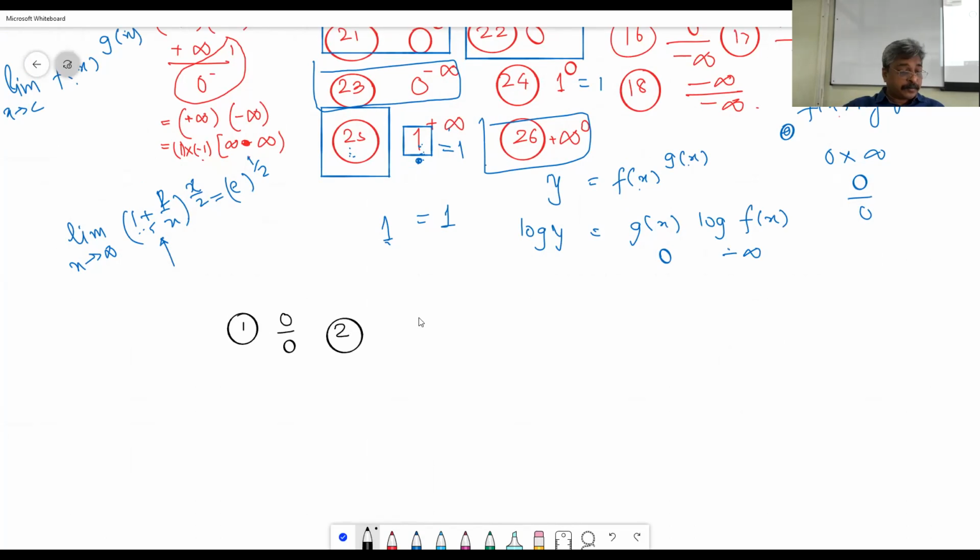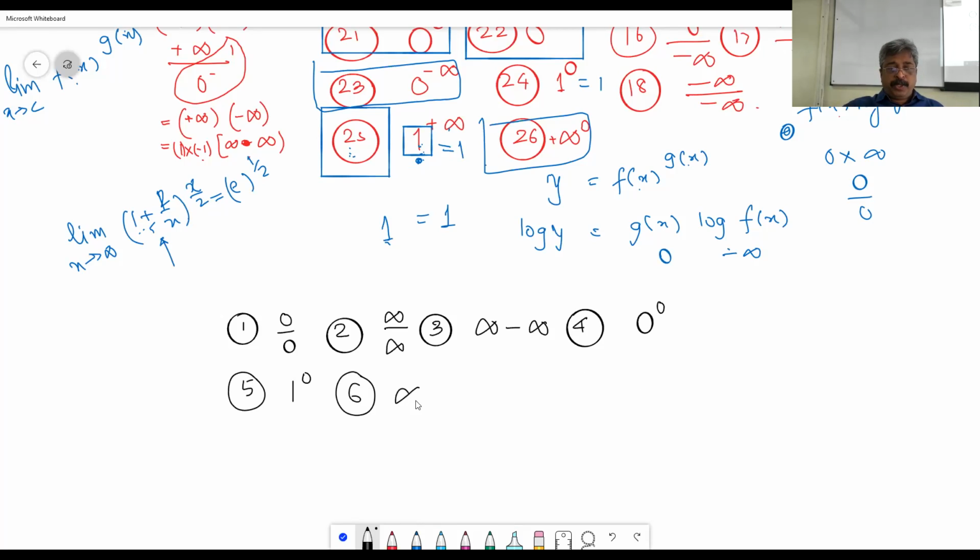Second, infinity upon infinity, taking care of both positive and negative. Third, infinity minus infinity, where both of them are positive. Fourth, 0 raised to 0, dynamic. Fifth, 1 raised to infinity. Sixth, infinity raised to 0. And seventh, 0 into infinity. These are the 7 indeterminate forms.